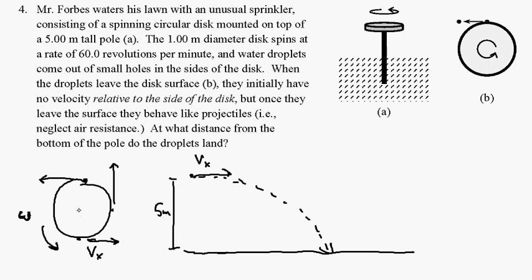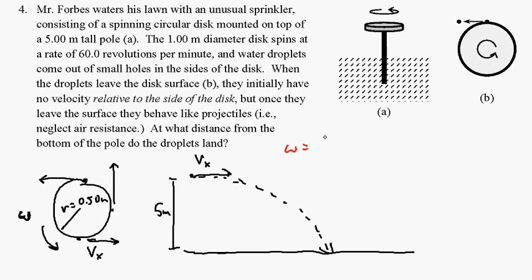Well, that's pretty easy, right? It's just the linear speed of the side of the disk. So the disk has a diameter of 1 meter, which means r is 0.50 meters, and omega is 2 pi over T. So let me just do this over here. I'll do red for the disk spinny stuff.